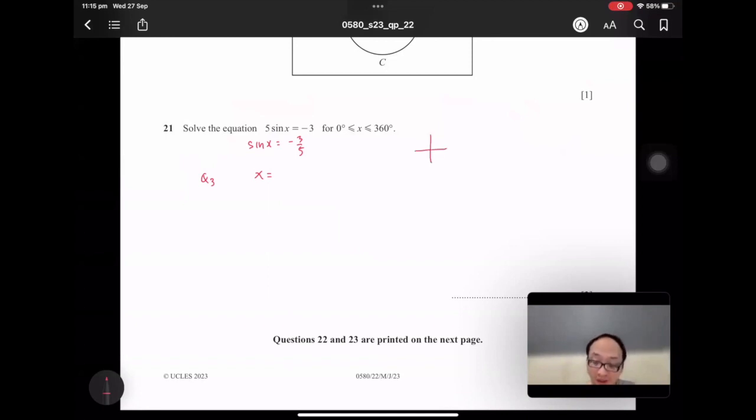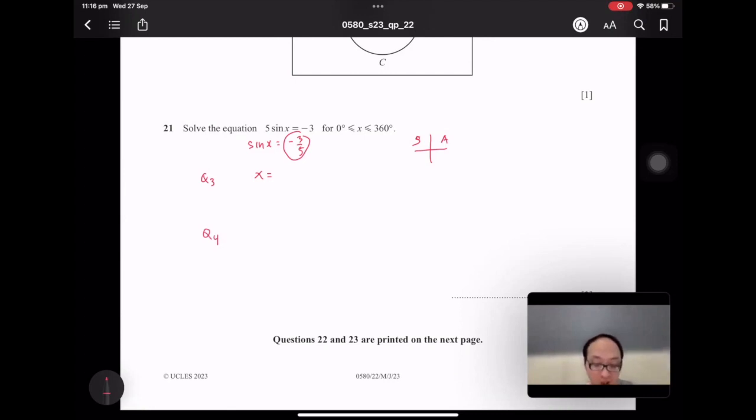If you remember, all are positive in quadrant 1, and sine is positive in quadrant 2. That means sine is positive in quadrants 1 and 2 and negative in quadrants 3 and 4. The sine is negative, that means it's in the third and fourth quadrant.